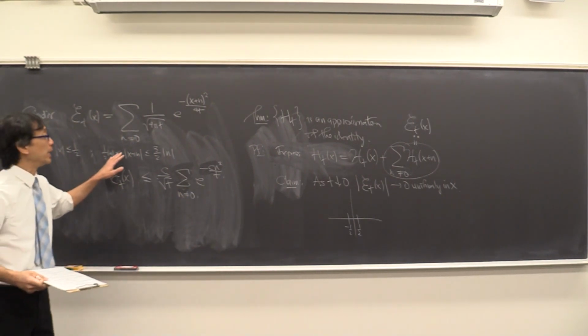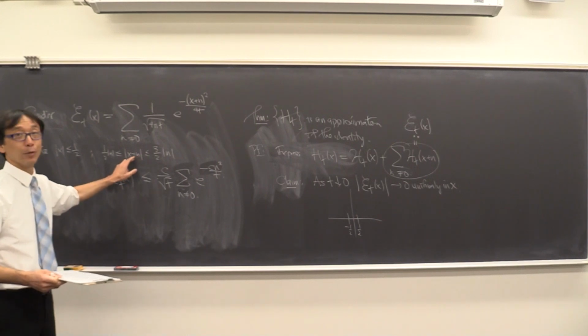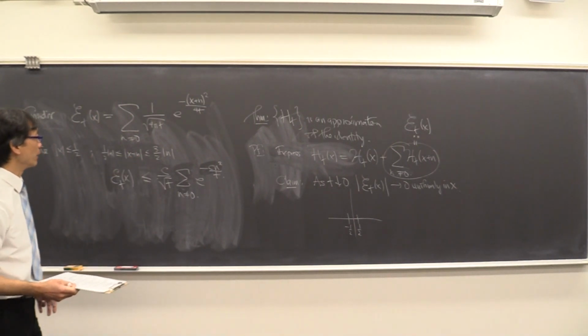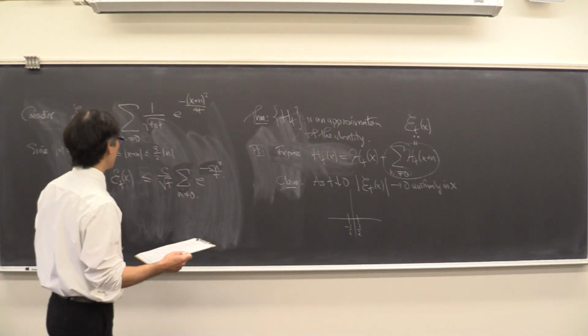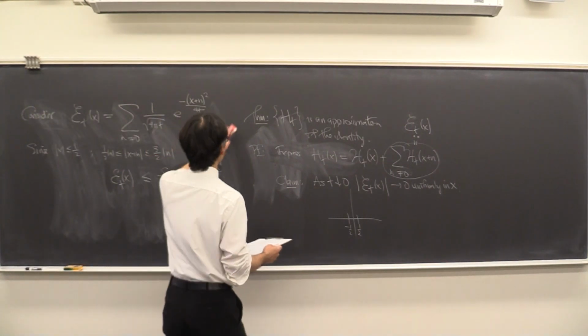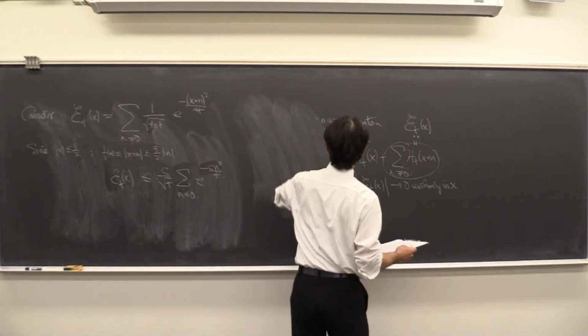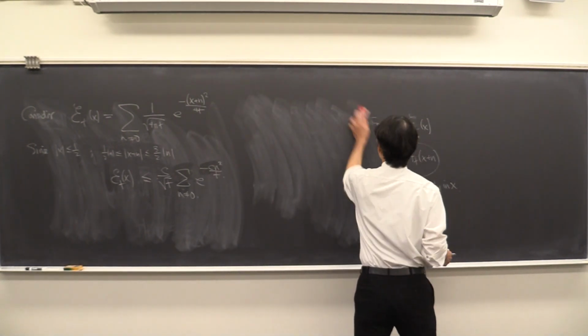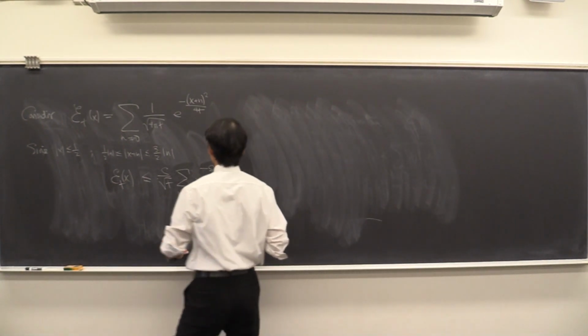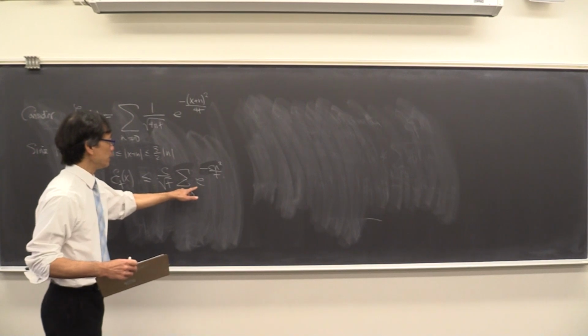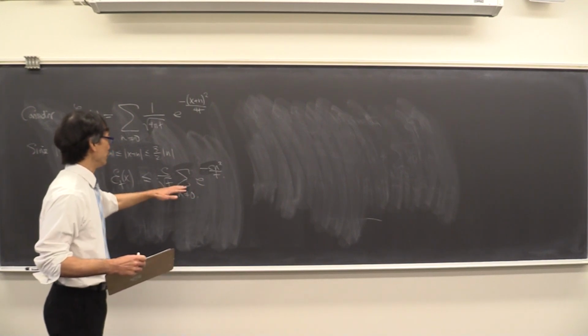So the first move is that we can ignore the x. Now we want to show that this thing goes to 0 as t goes to 0.